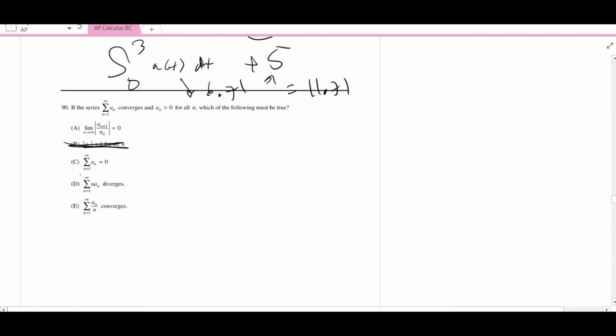For C, it's just impossible because a_n is greater than 0 for all n. So for D, it's just random.